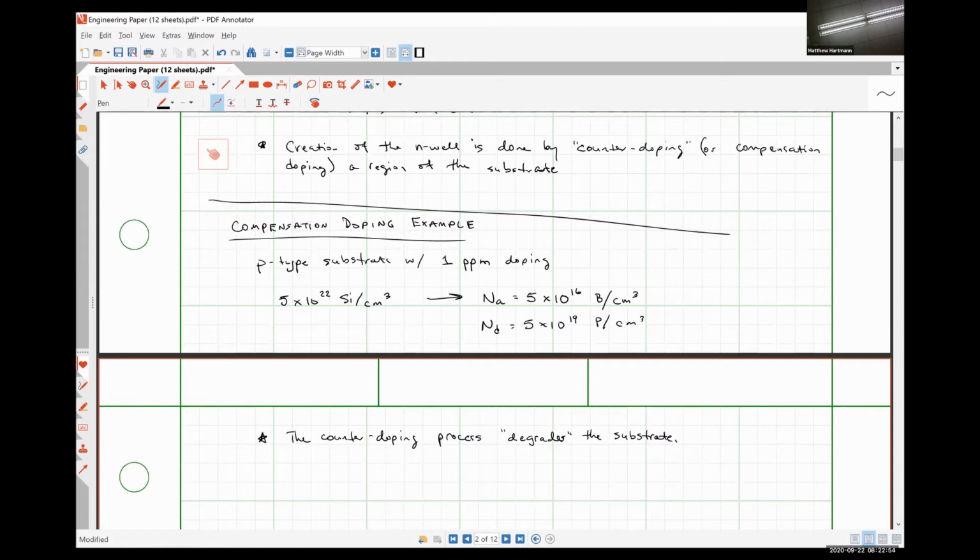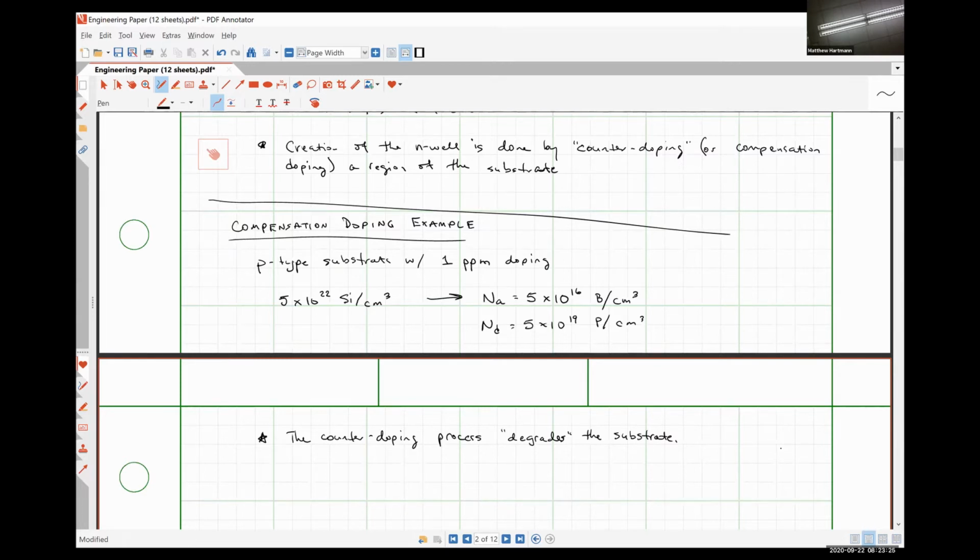So all it's really going to do is increase scattering rates, which is going to slow down our electron and hole mobilities as they try to pass through that area. There's a whole bunch of extra atoms there that aren't contributing any free charge carriers. They're literally just getting in the way of the free charge carriers that we have from our substrate doping, right? Outside of our neutral region.